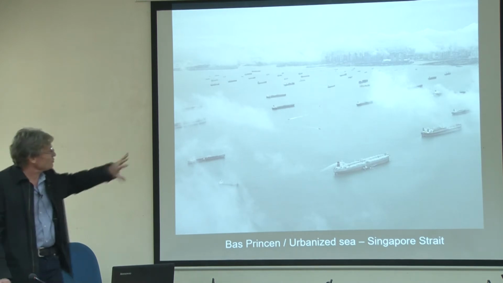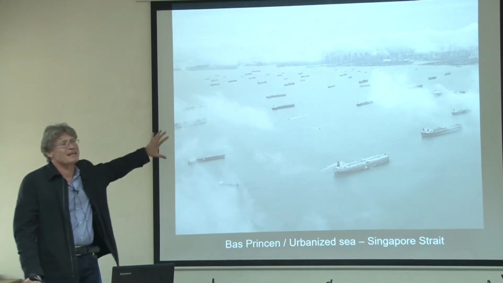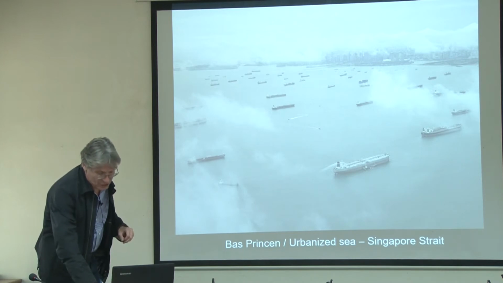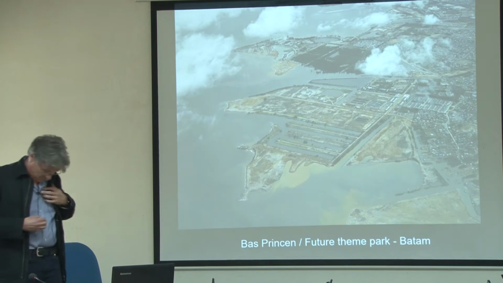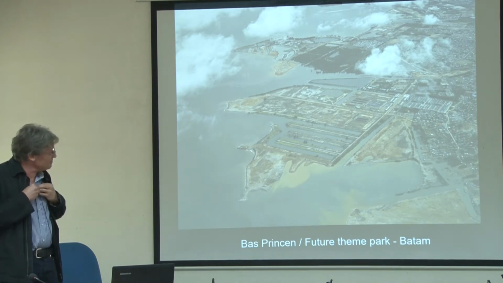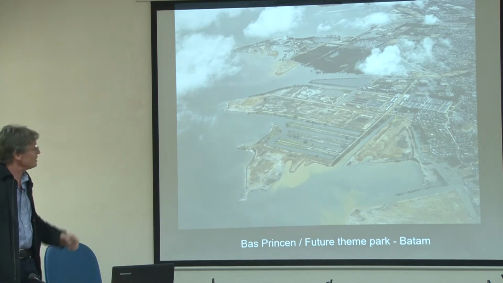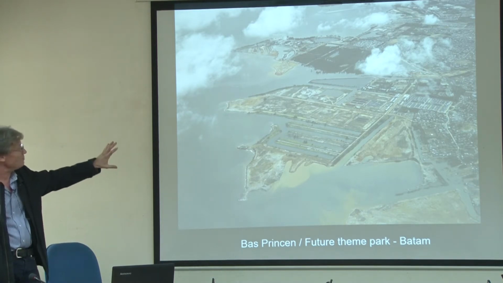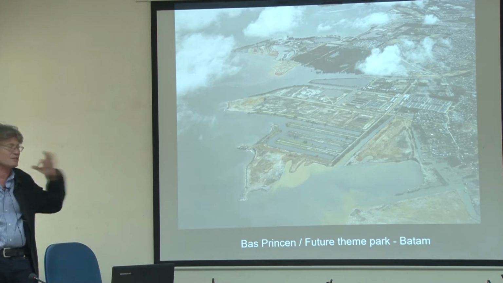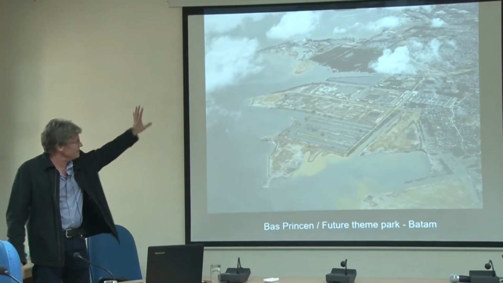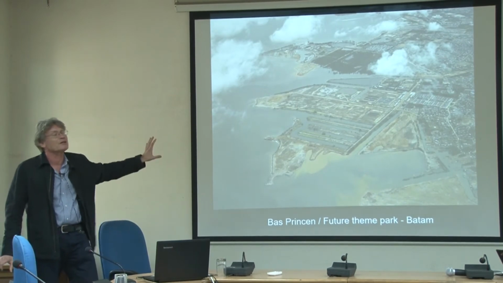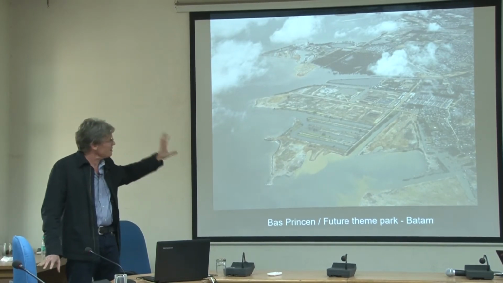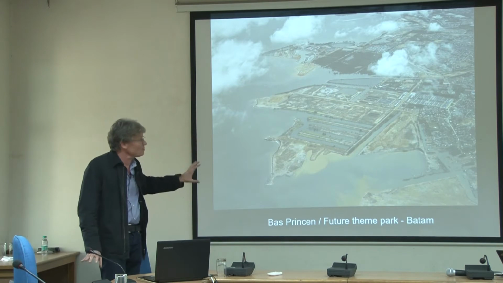So we could say this is a kind of urbanized sea, an urbanization of the sea. If you go to the islands in the south, here on Batam, I was just there some days ago, you see huge industrial developments. It's one of the biggest shipyards in the world, among other things.